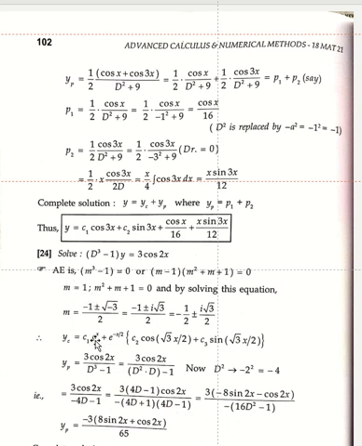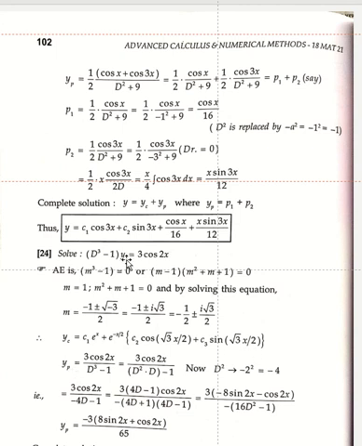Therefore c1 into e power 1 into x, which is e power x, plus e power a x, where a is minus 1 by 2, so e power minus x by 2, into c2 cos bx, where b is root 3 divided by 2, so c2 cos root 3 by 2 into x, plus c3 into sin root 3 by 2 into x. I already took c1, so here I take c2 and c3.